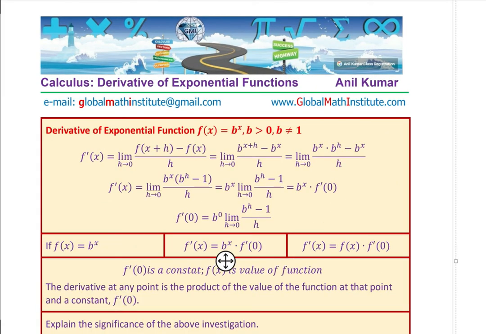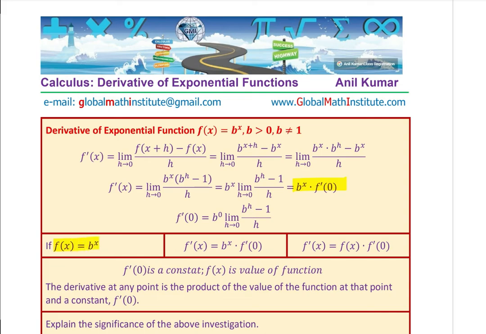So let's first try to understand where we are. We started with the derivative definition and found from the definition itself that for b to the power of x, the derivative of the function indeed is b to the power of x times f prime 0, where f prime 0 is this part, right?